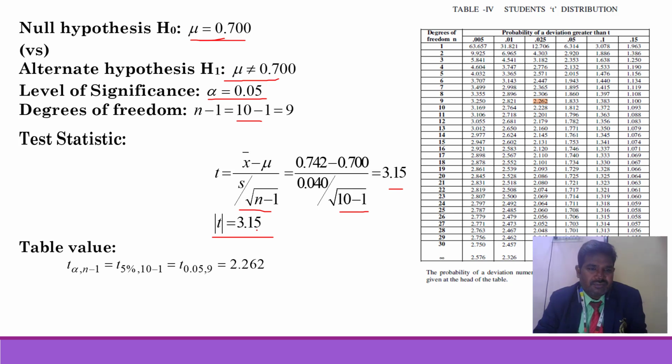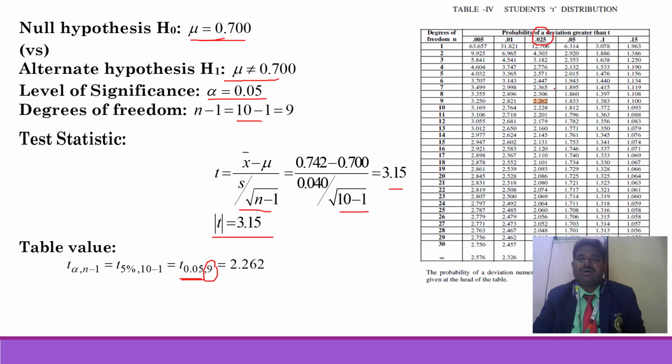And now from the table we can get the table value with the degrees of freedom n minus 1. N minus 1 is 9, and the level of significance is 5%. So now we see the table. Here we are going to see 0.025.